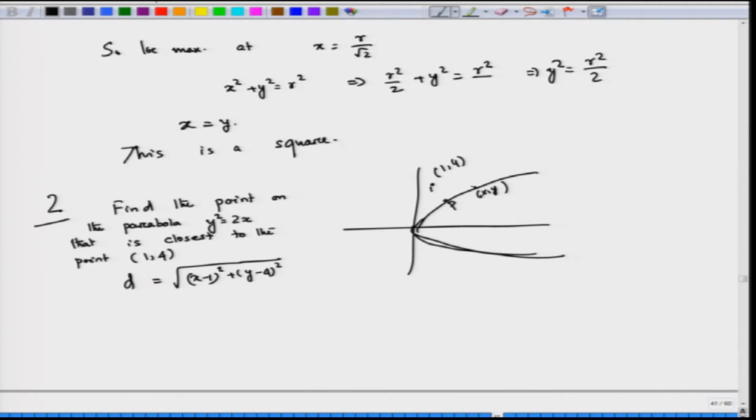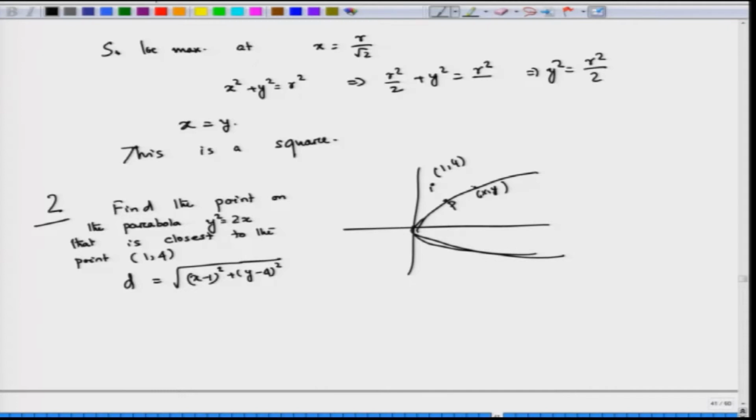Now, I want to first express this d as a function of either x or y, then I will take the derivative to apply differential calculus. So, let me square it: d square is equal to (x minus 1) square plus (y minus 4) square.